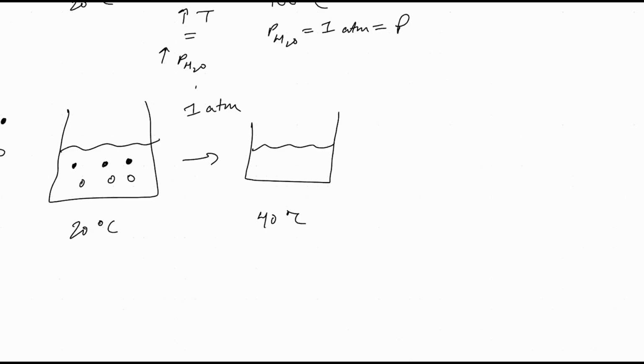They've gone into the vapor phase. But remember, A and B have different boiling points. So there's going to be a different amount of B than A that's going to go into the vapor phase. So you might have an A-rich liquid phase, for example, and a B-rich vapor phase.